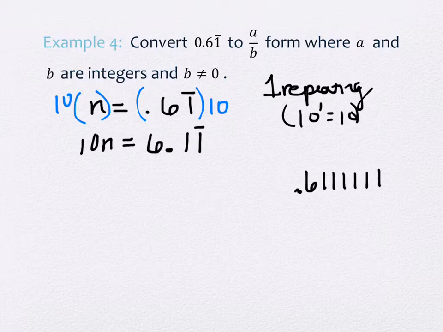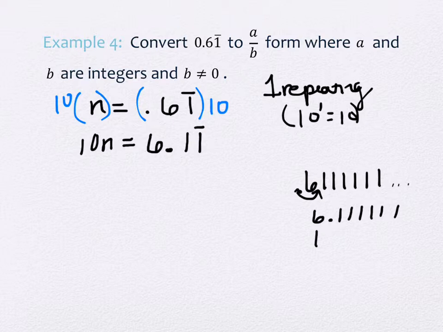And it keeps going forever, so dot, dot, dot, something like that. So I can move the decimal point 1, and this would be 6.11111, all these ones. And again, while I could write it 6.1 repeating like this, I could also write it like this, and it would be a not so simplified version of it, but at least a more helpful one for the one we're working on right now.